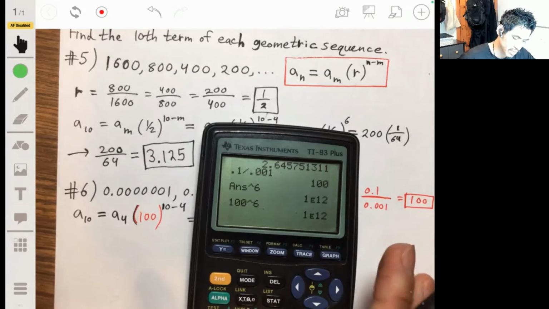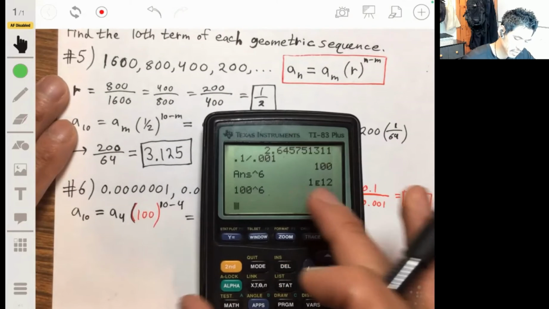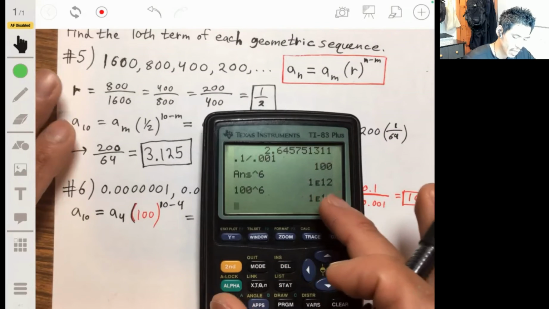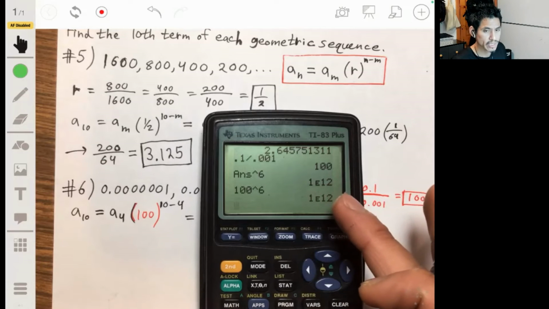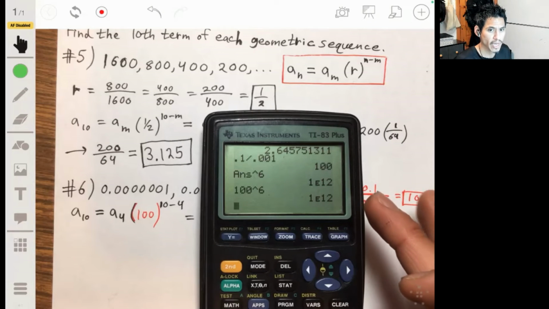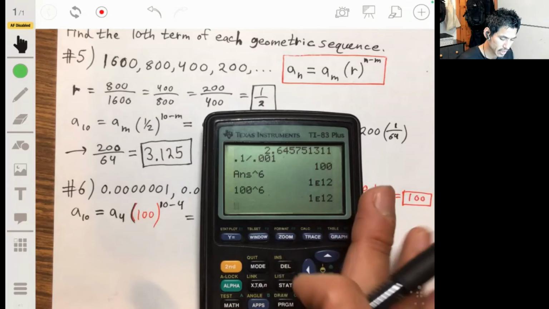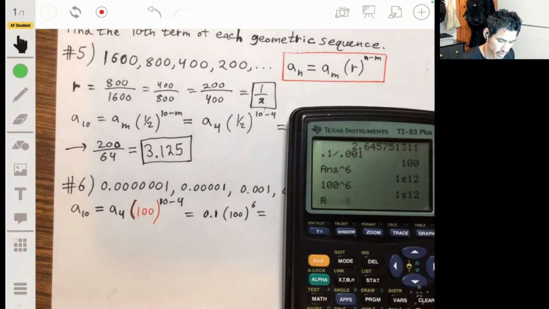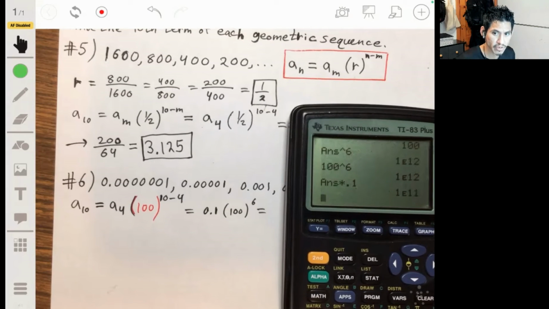Now, that's a big number. This is basically 1 times 10 to the 12th power. But let's multiply this by 0.1, so we can write one final answer.